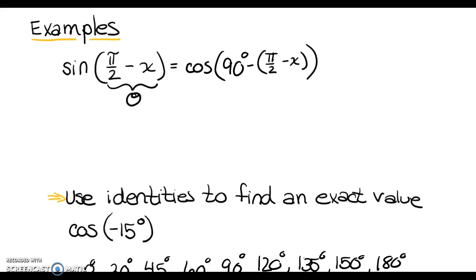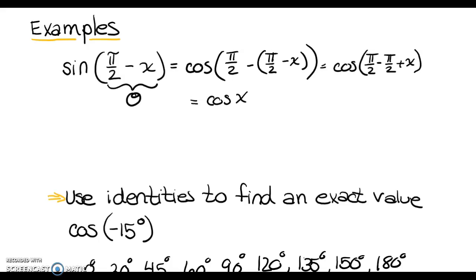And I should really not even use 90 degrees because we have pi over 2 in here, right? So I should replace 90 degrees with pi over 2 and use my radian measure here. All right, so if I simplify this, I get the cosine of pi over 2 minus pi over 2 plus x, which just simplifies down to the cosine of x.